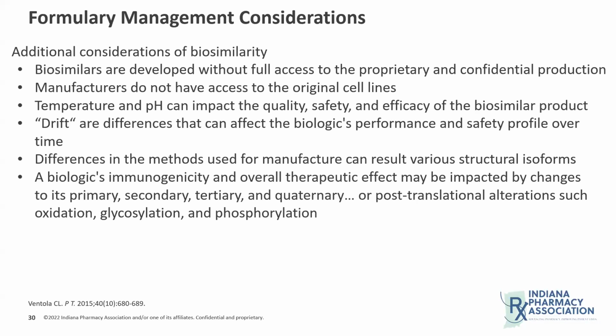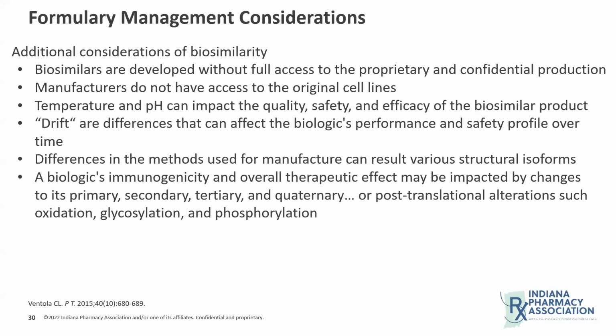Typically we see proteins and biologics folded in certain ways. You've heard before that proteins have a primary string of amino acids, and then they become secondary and tertiary and quaternary, but then all these things can affect that, like oxidation and glycosylation and phosphorylation.